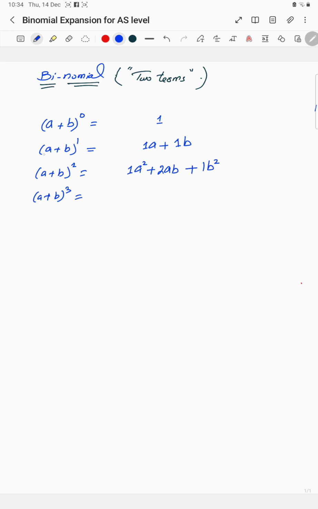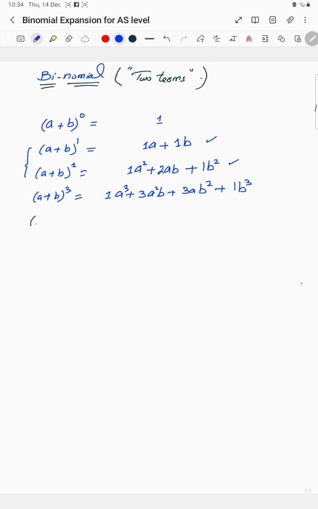You can multiply the two results above, (a plus b) power 1 and (a plus b) power 2. If you multiply these two, we get (a plus b) power 3. Or if you have remembered this, it will be 1a cube plus 3a squared b plus 3ab squared plus 1b cube.